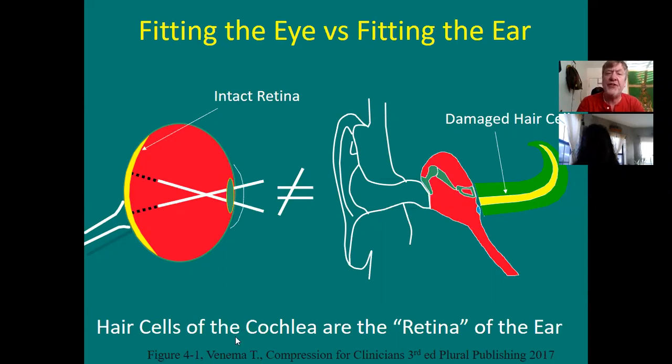So if we want vision to become more like our field, you'd have to go up to someone and go, scratch the back of his eyes, and now go ahead and wear glasses. Because that's what our field is. Our field is sensory neural loss, where the damage isn't a blockage of sound getting to where it's got to go.